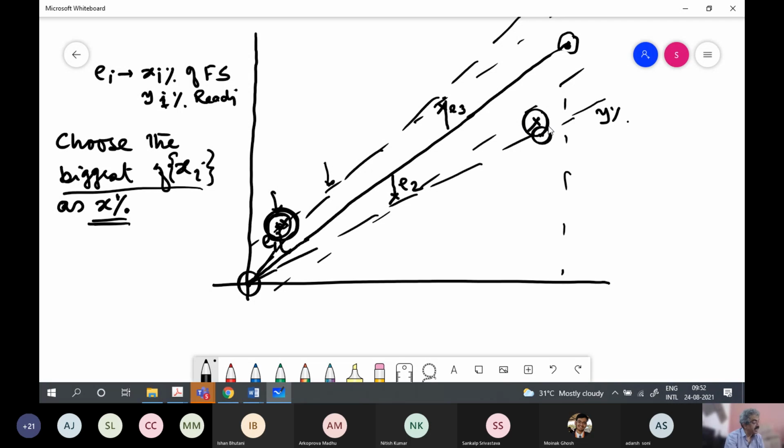So therefore, there is no need to choose. Therefore, even a smaller choice of the cylinder will also do. But so we have to find out. So that means you need not choose the biggest of the Xis as X%.